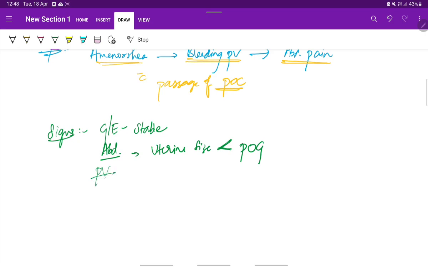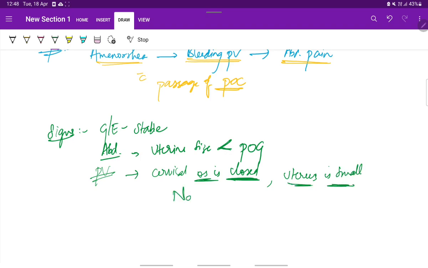Next, on per vaginal examination, the cervical os is closed, the uterus is small, and there is no significant bleeding.